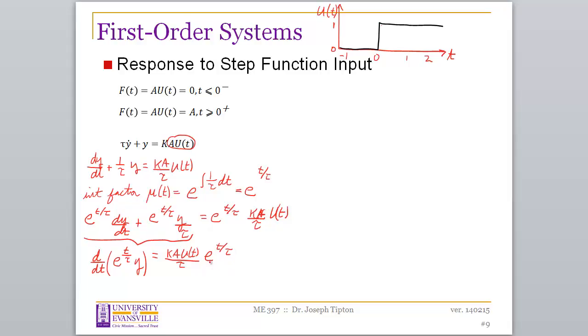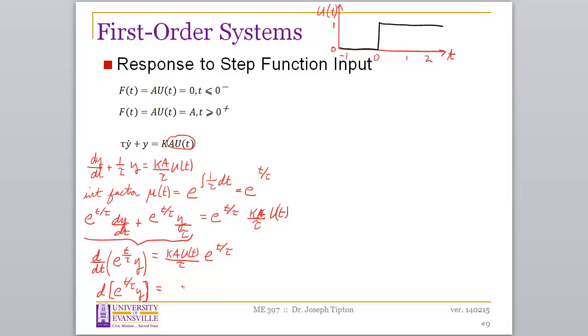Okay. Well, we are one step closer because now we can integrate this equation. We can separate the variables and integrate. Let me multiply by dt over here. So on this side, I end up with the derivative of e to the t over tau times y.